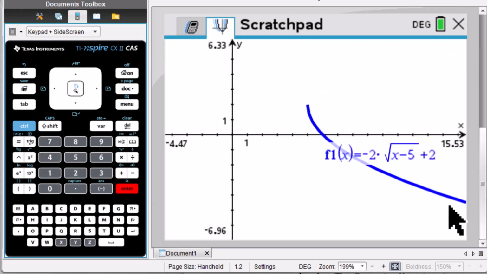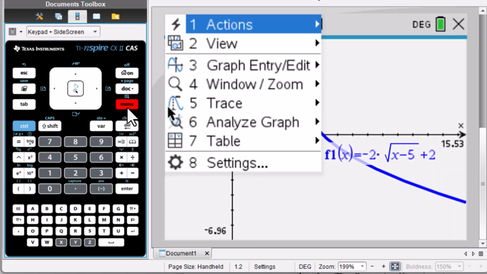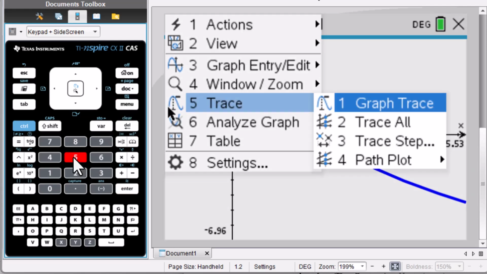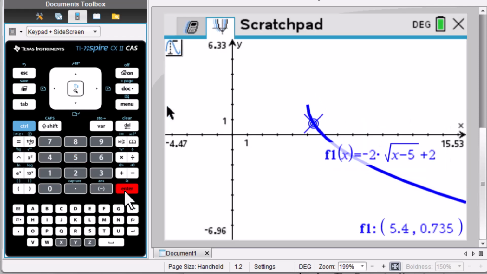You will see the graph like this. So we need to figure out this point. Go to Menu, Trace, Graph Trace. Put in 5, enter. The point is (5, 2). Therefore, the range is y less than or equal to 2.